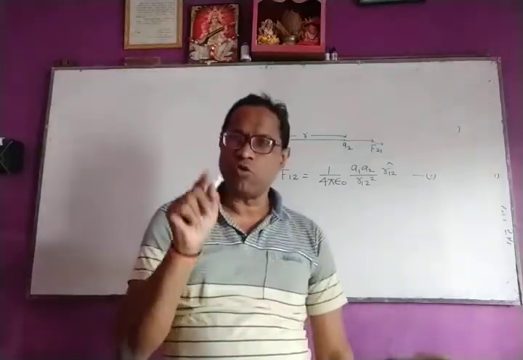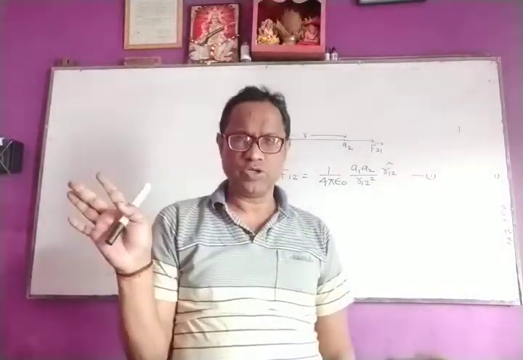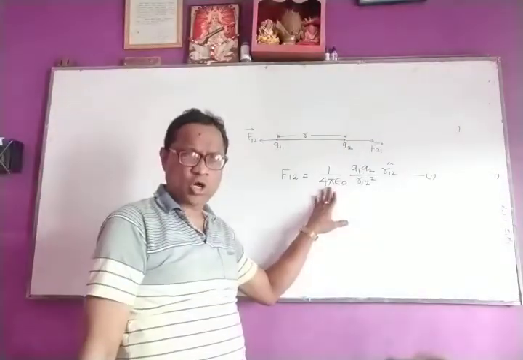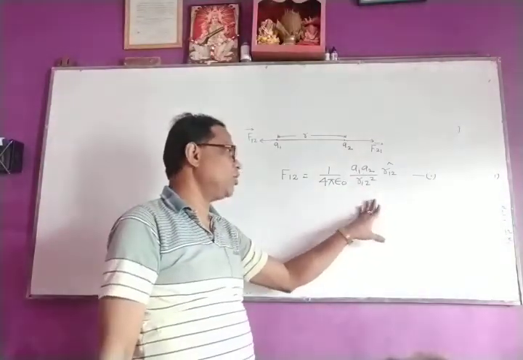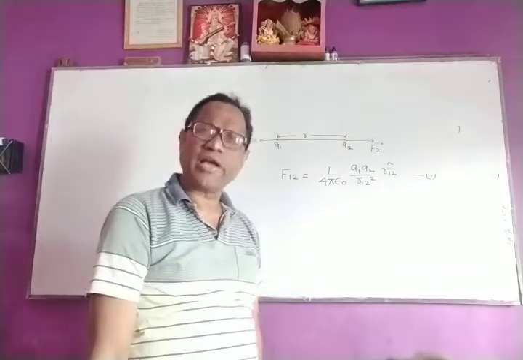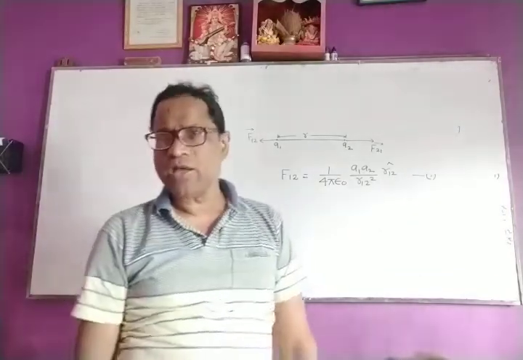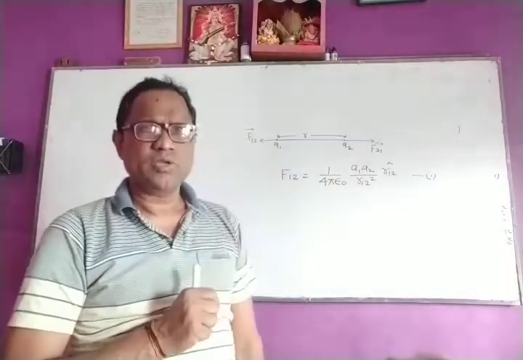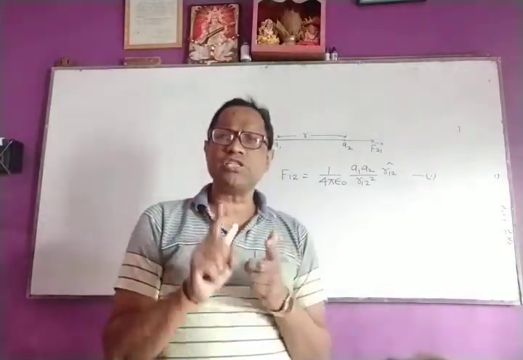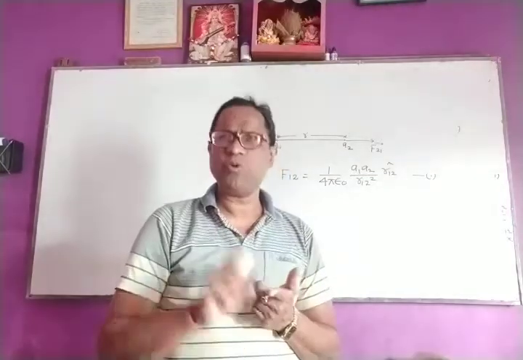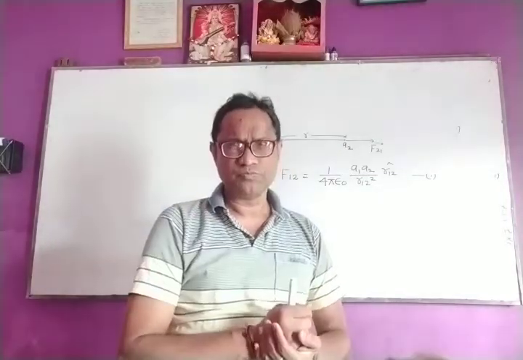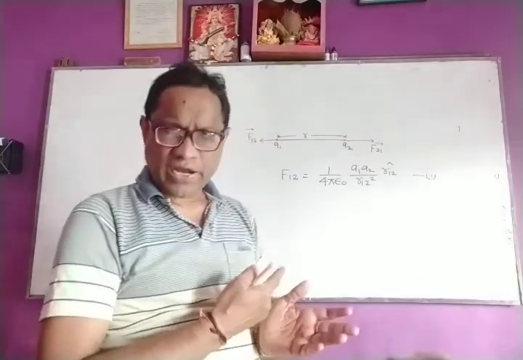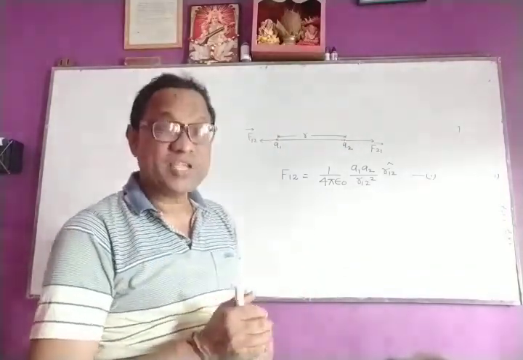F12 means force on Q1 due to Q2 is equal to 1 by 4 pi epsilon naught Q1 Q2 by R12 whole square into R12 cap. Where, what is the meaning of R12? R12 means position of Q1 with respect to Q2. We can understand by this figure.